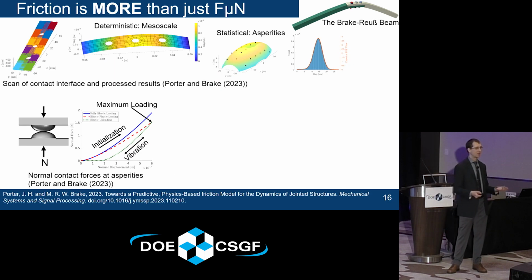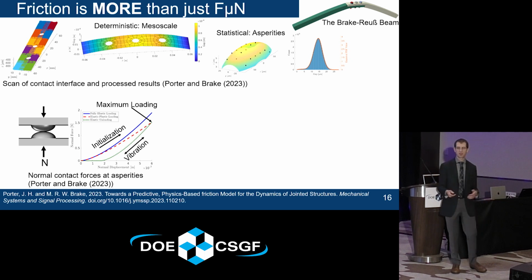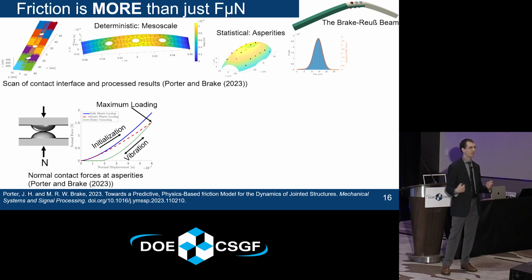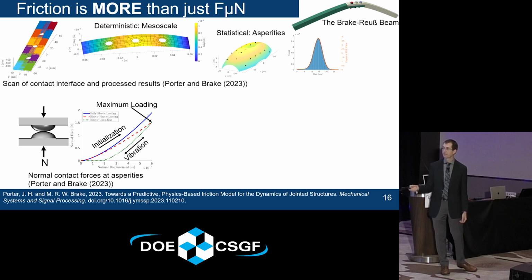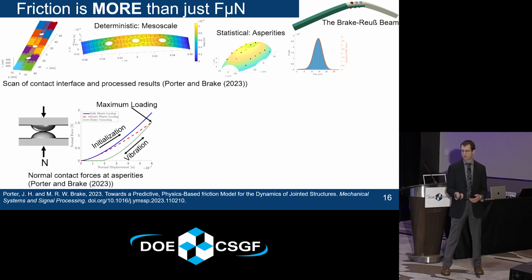To calculate the contact between those points, I'll just quickly go over some of this. In the normal direction, these spheres or ellipsoids initially have a nonlinear relationship for elastically coming into contact. Then they plastically deform, and there's permanent deformation. Since there's permanent deformation, when they start separating again, they follow a different curve. So I need to consider all three of those.